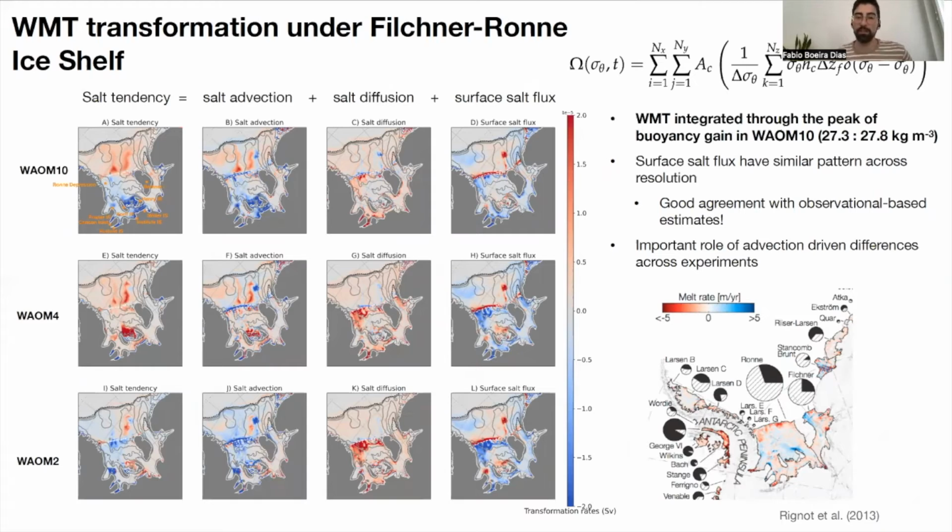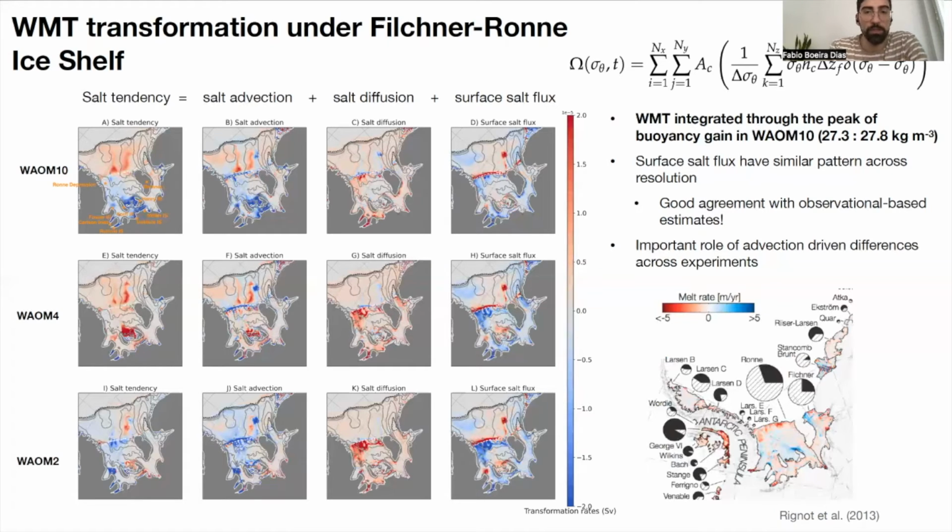And what you find is that the surface salt flux has a pretty similar pattern across resolutions, where you see transformation towards lighter density classes near the ice shelf front and the grounding lines, which relates to basal melt, and you have the opposite transformation towards heavier densities in the central part of the ice shelf, which relates to refreezing regions. And this pattern is actually in quite good agreement with the observational estimates that we have so far.